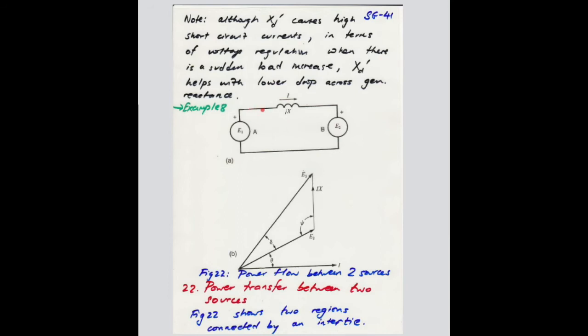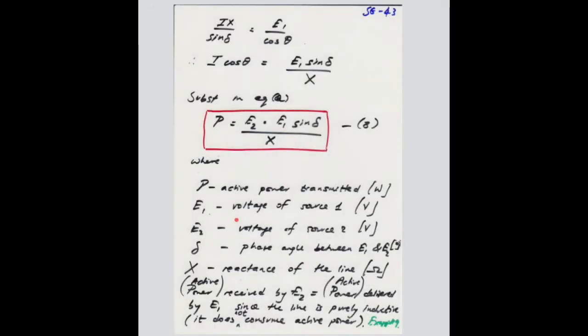Obviously then there are no losses, and that's why we can equate these two powers. So power delivered by region A is equal to the power received by region B, as this is a purely inductive line and the line is not consuming any active power, right?